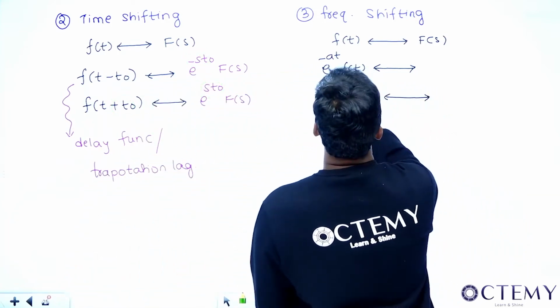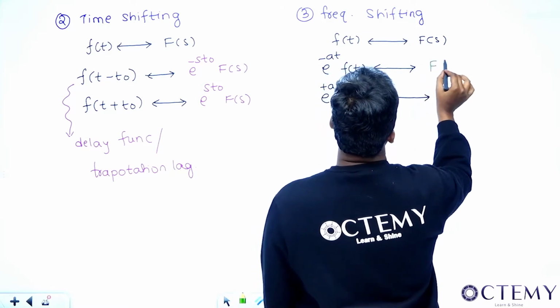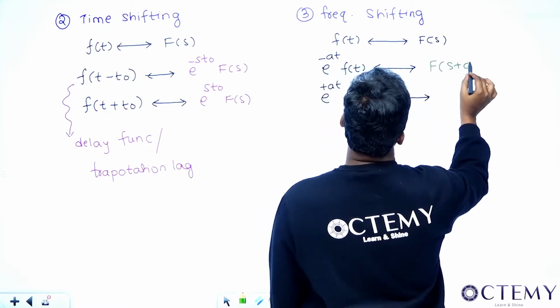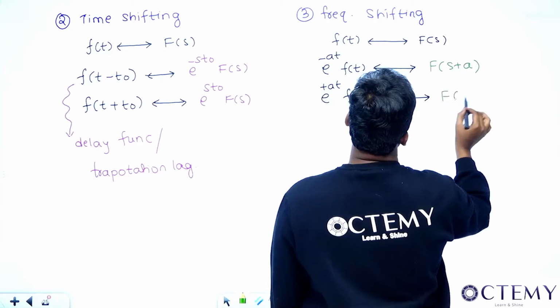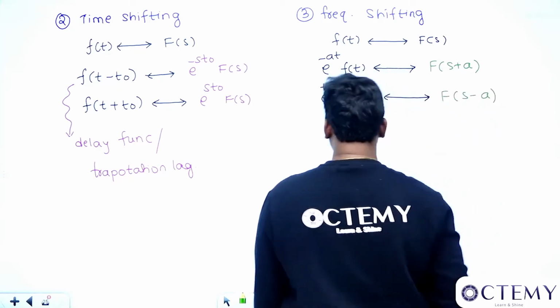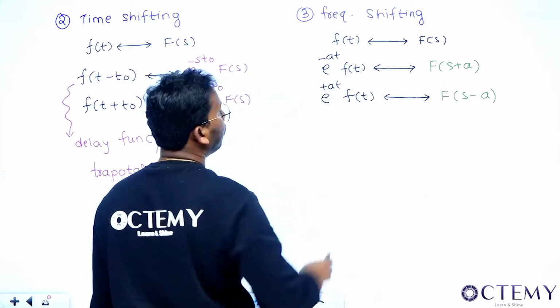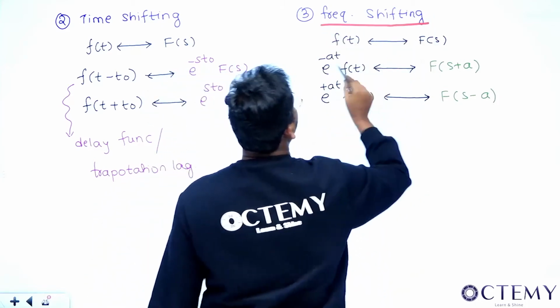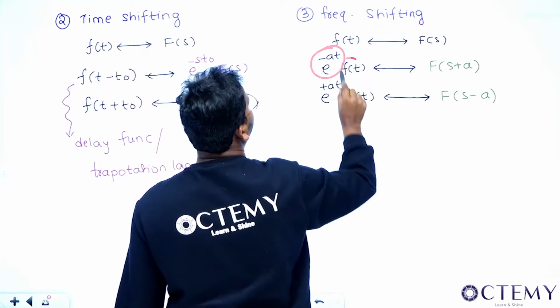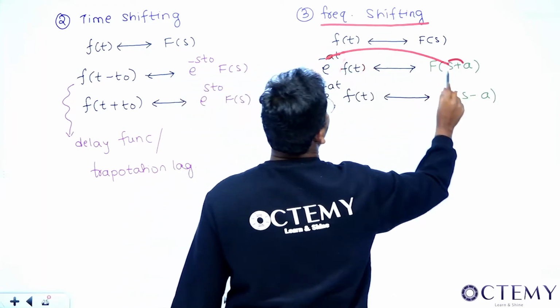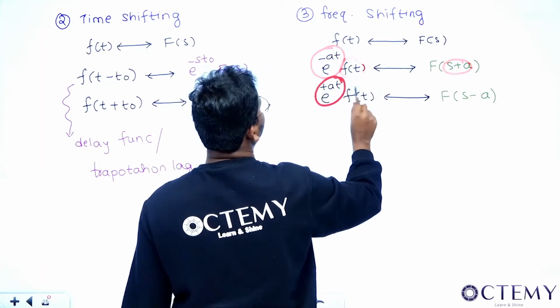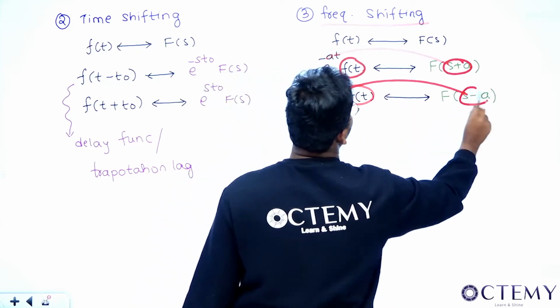If this is e power minus at, this will become F of s plus a, and this will become F of s minus a, right? So this is also a very important thing, sir, which you have to remember. In frequency shifting, e power minus at into f(t) becomes F of s plus a, and e power plus at into f(t) becomes F of s minus a.